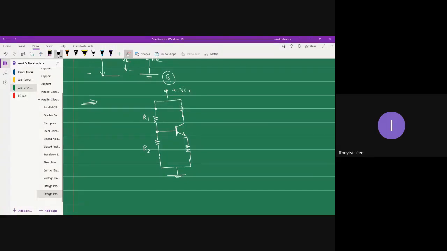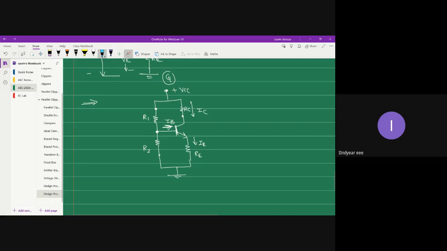This is plus VCC. Now let me mark the base current. This is your base current IB. Observe carefully. This is the emitter current, this is the collector current. So IB plus IC will flow out as IE.